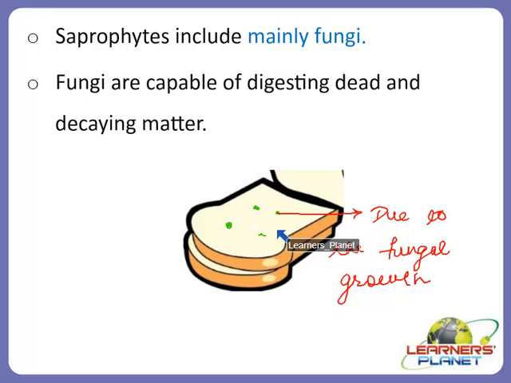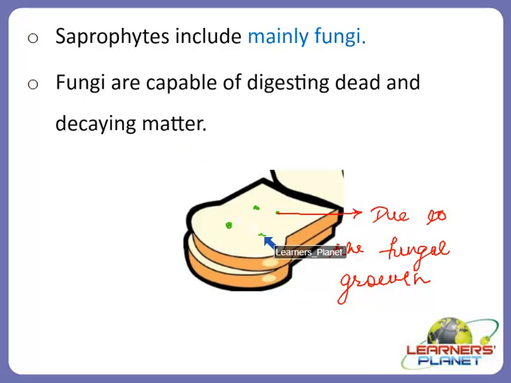Remember, or try to recall, that bread is always kept in the refrigerator. And if you keep it in the closed box, then what will happen? It will get stale. It will not remain fresh. And that is why fungi will grow, because they are getting their nutrition from the bread.